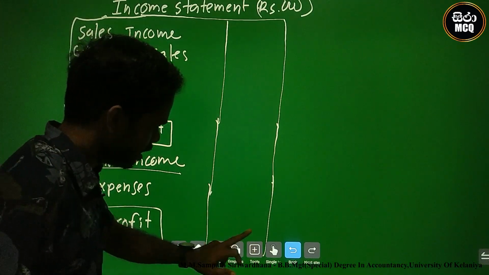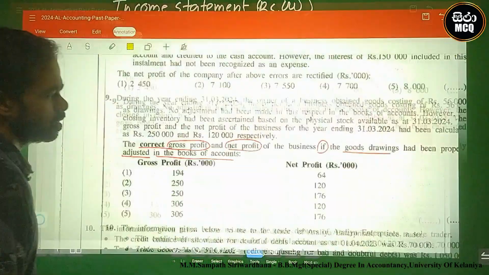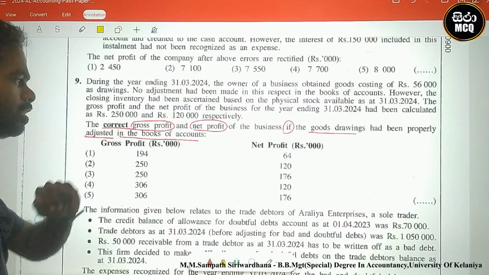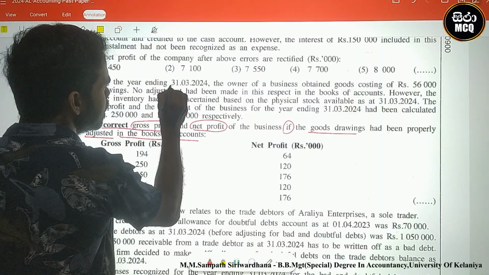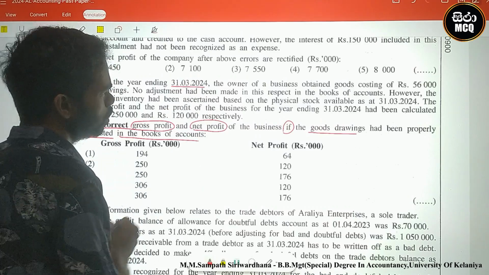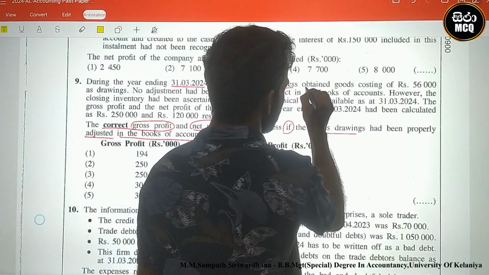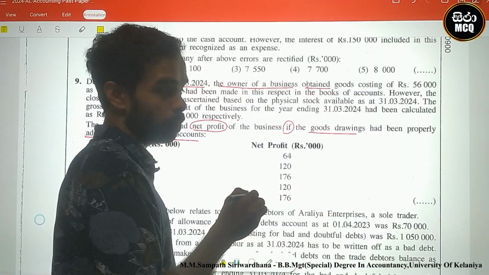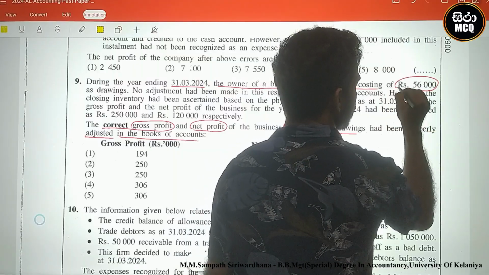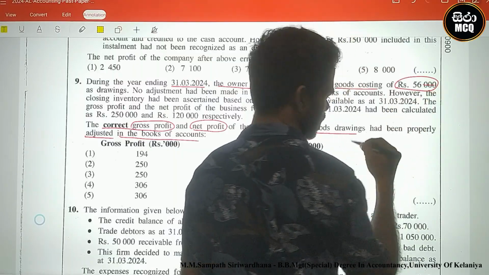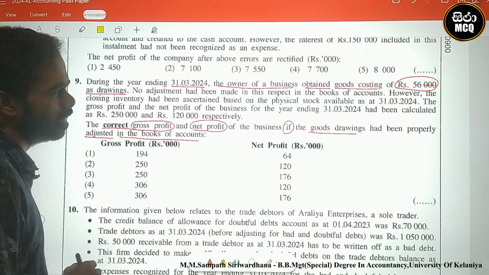Now this is the question. Look here, the correct gross profit and correct net profit. During the year ending 31st March 2024, the owner of the business obtained goods costing 56,000 as drawings.